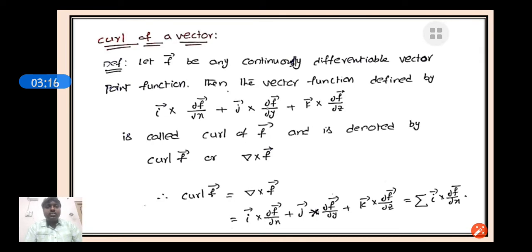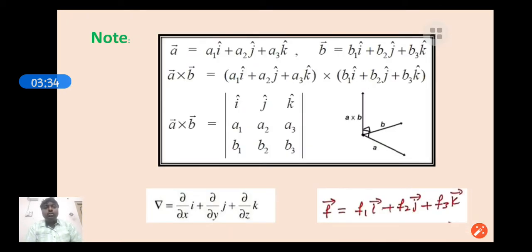So this is the way we can calculate the curl of a vector point function, but it is mathematically a little lengthy. That's why we find the curl of a vector point function in another way also. Before defining another definition of curl, let me go through the cross product between two vectors.